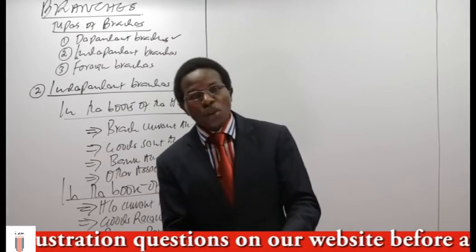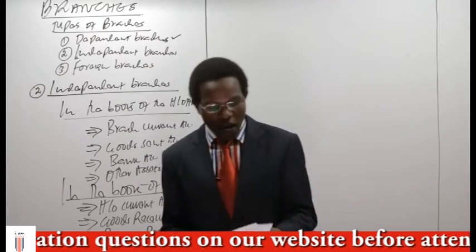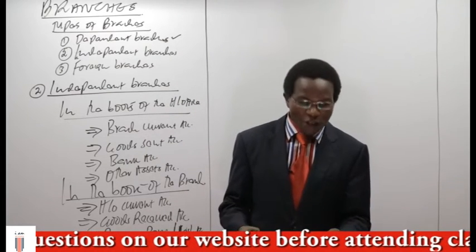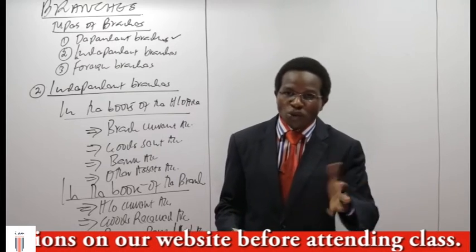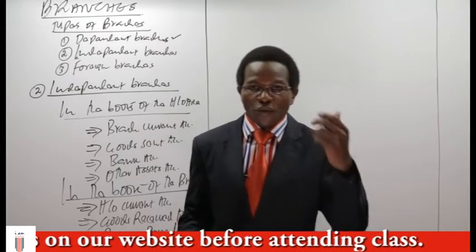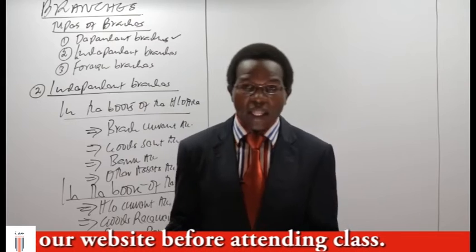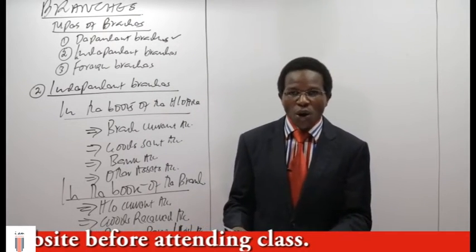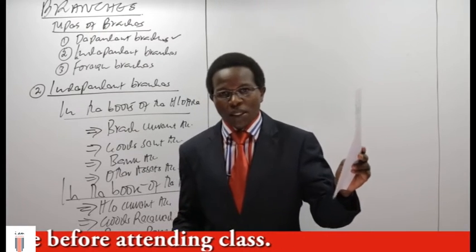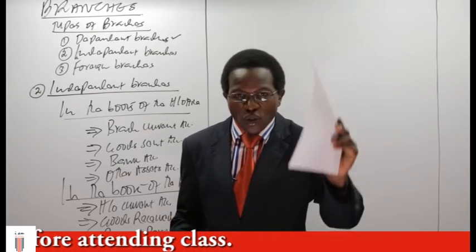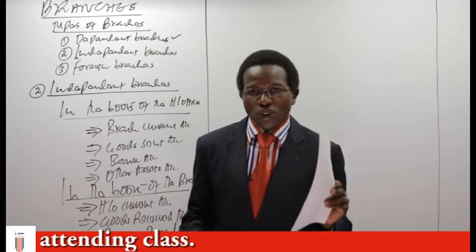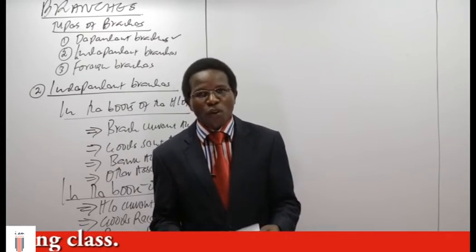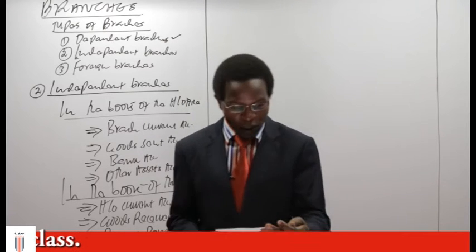So let me do the one that we are going to do here, and the other will be an assignment that I'll be giving you, of which you can also access the solutions from the website. Don't forget that this one will be an illustration that we are going to do here, while the other one is an assignment, for which we have also discussed the solution on our website, and I will advise you to attempt it before you access the website for the solution.